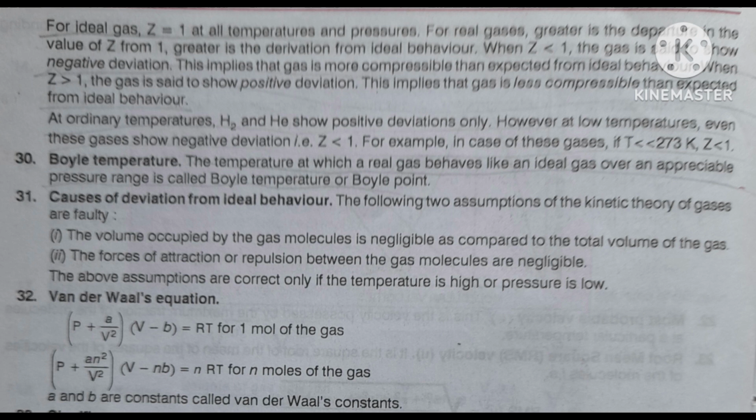Due to these two points, the assumptions are not fully correct. The above assumptions are correct only if the temperature is high and pressure is low. These two points are the causes for deviation from ideal behavior.